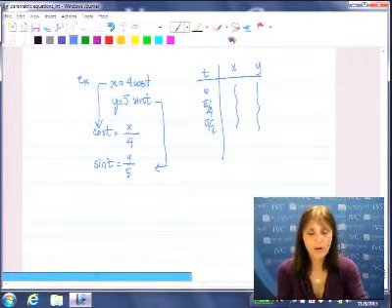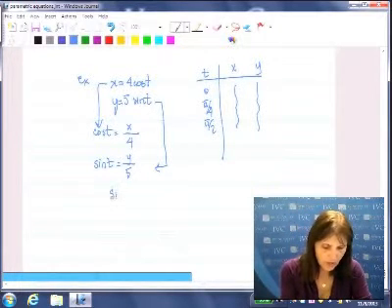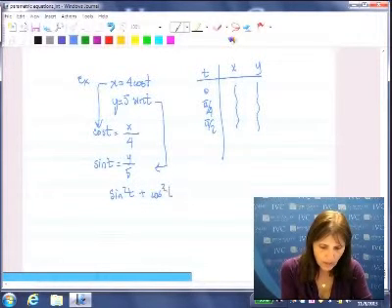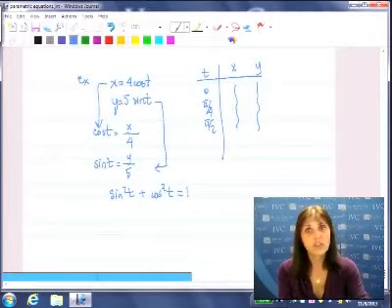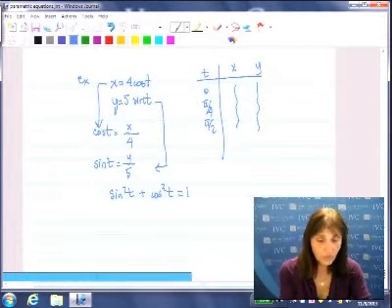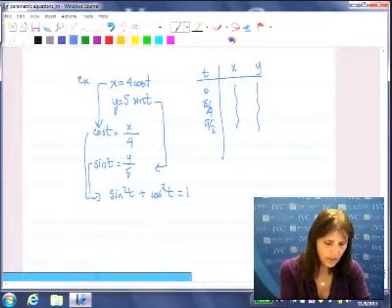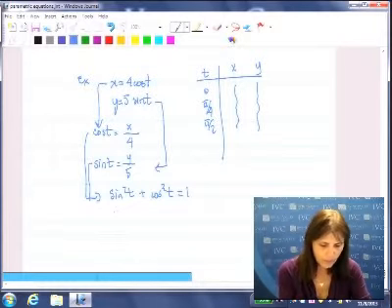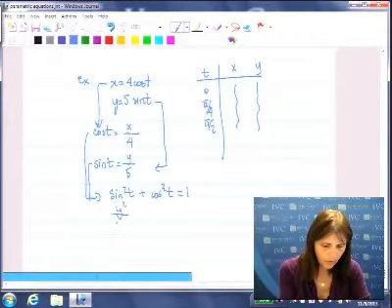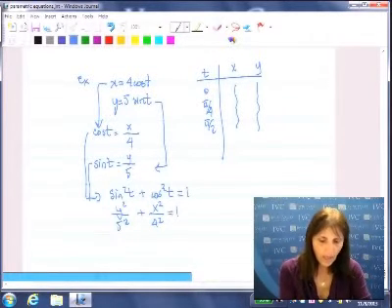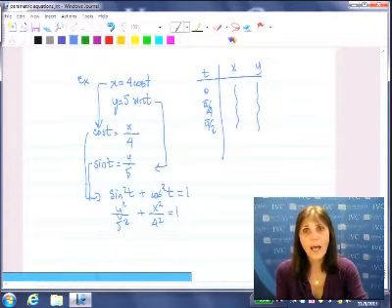Now, from Pythagorean identities, I know that sine squared plus cosine squared is 1. I just know that. So I'm going to plug in whatever that is from here and here. So that's going to give me y squared over 5 squared plus x squared over 4 squared equals 1. Oh, what does that mean?